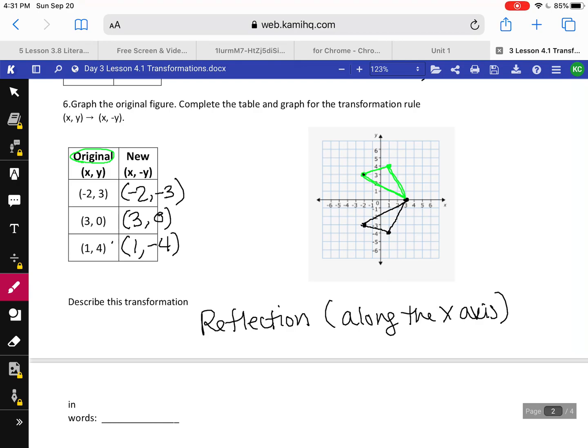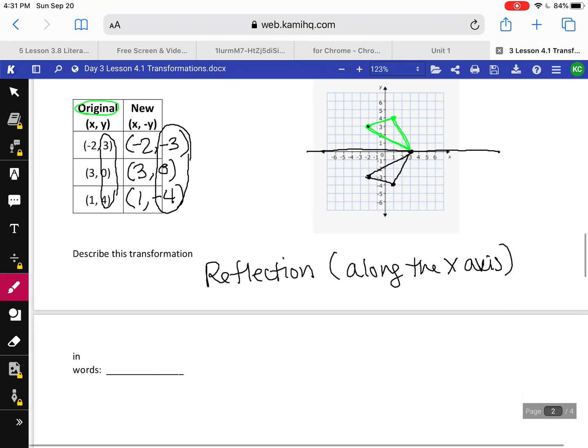Okay, and what's interesting, hopefully, is you're looking at that y value, we're looking at the opposite of the y value, which makes sense because we are looking at how that reflection along the x-axis will create that same x value, and we're getting the opposite because it is reflecting over the x-axis.